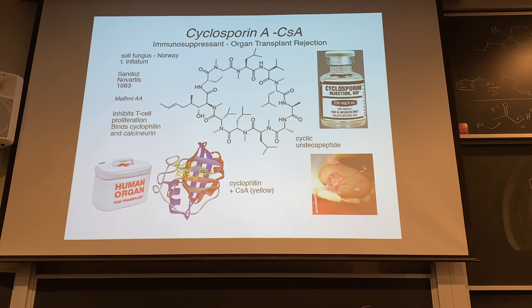So when a person gets a kidney transplant, for example, you need to keep this target of cyclosporin here inhibited. And this is a complex cyclic 11 amino acids here in a ring. And the thing that used the asymmetric alkylation is this unnatural amino acid right here.